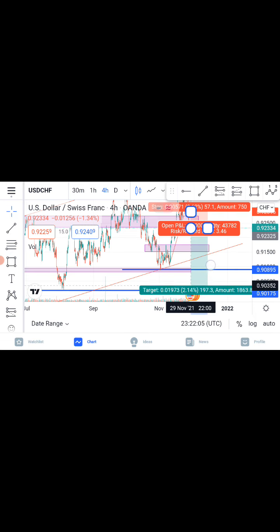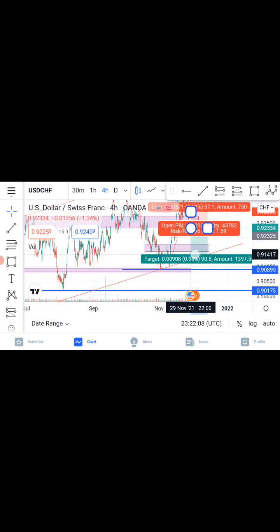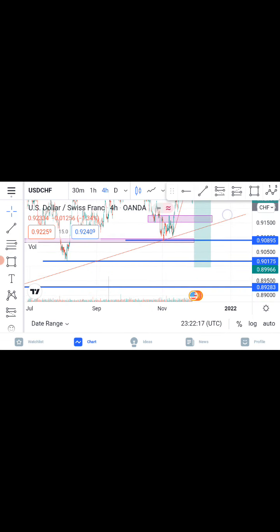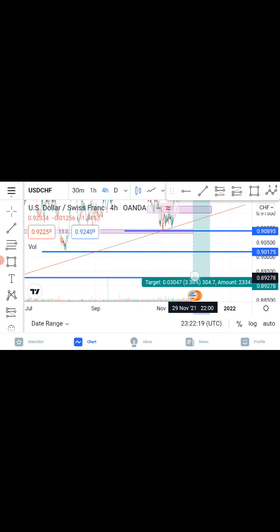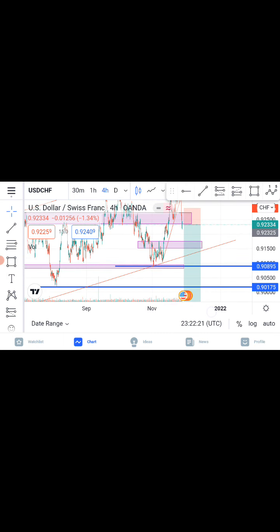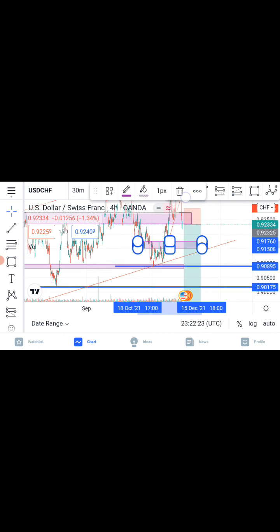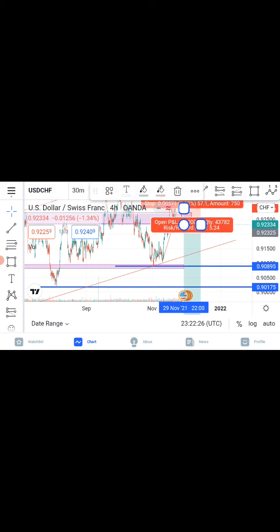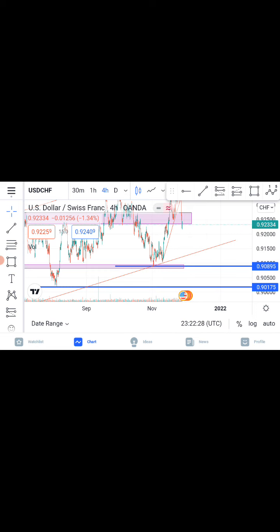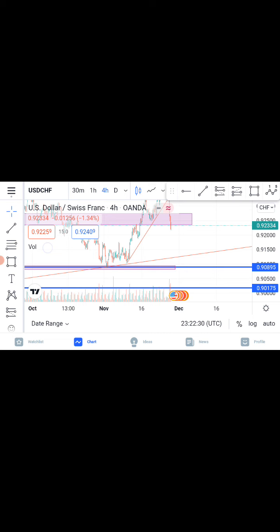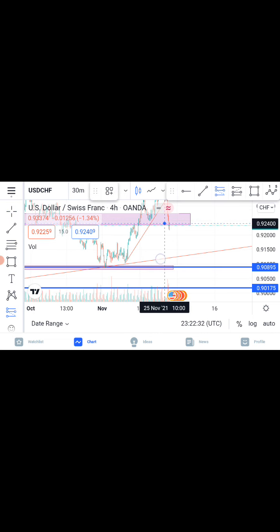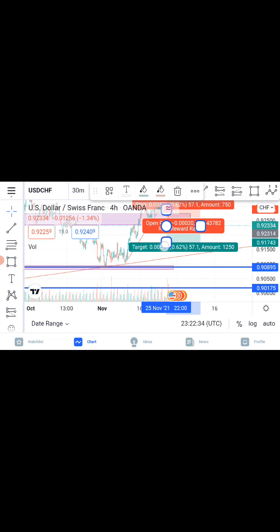If I see a breakout retest on this bullish trend, I'm heading from this target to this target, from this target to the all-time low target over there, until the downside. But as for now, I'm looking at the market to sell until this level over here. So USDCHF, it's a good trade for me.